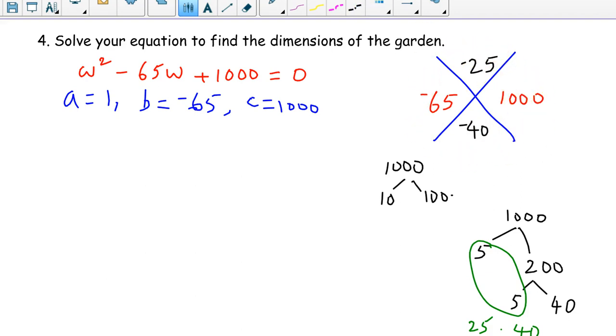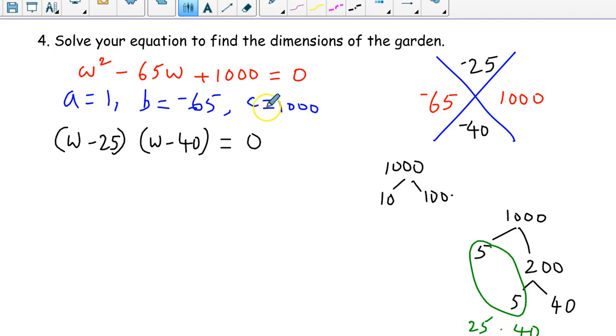Alright, now this w square minus 65w plus 1000, because a is equal to 1, you can directly get the factors of this quadratic expression. What are those two factors? W minus 25 and the other one W minus 40.